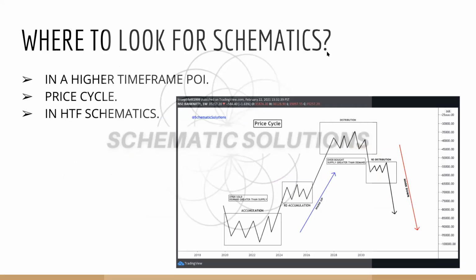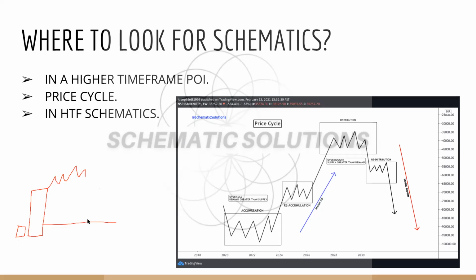So now, where do we want to look for schematics? First things first, we're always looking for schematics in a higher time frame point of interest. So let's say we have a sell to buy scenario. We have a sell candle and then a buy candle, and price is currently chilling up here. Ultimately, we understand that institutions have to come back and mitigate out of their position.